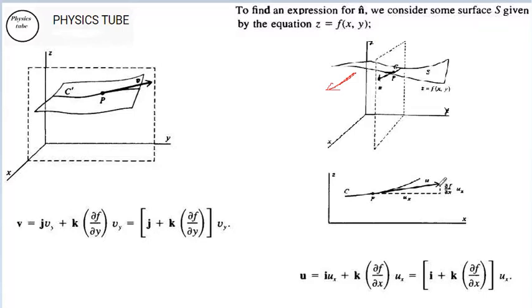This is a function. Remember what I said in the beginning, z is equal to f(x, y). We have z as a function of x and y, so this whole plane is nothing but z as a function of x and y. Every point x and y will change, and that will lead to a change in the z direction. There's lots of difference, you have to understand very carefully.